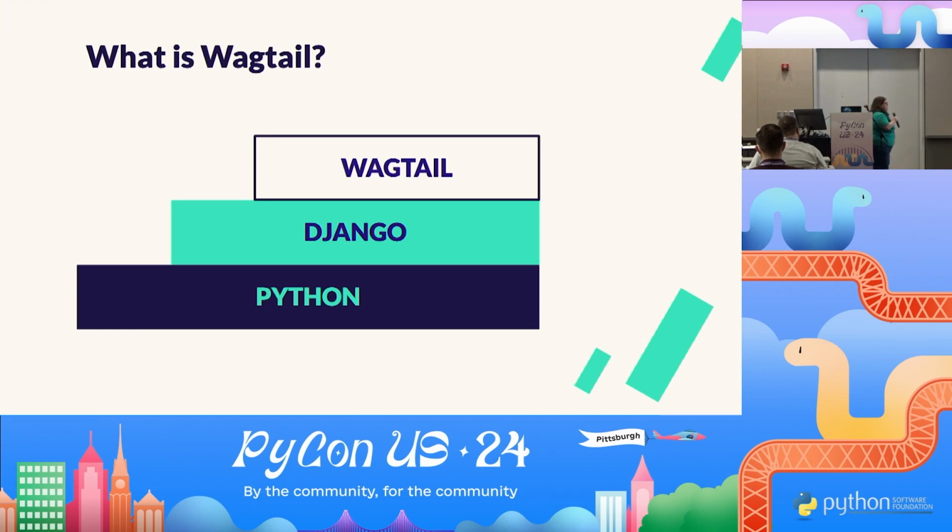All right, so what is Wagtail CMS? Any folks in here familiar with Django? Yes, okay, great. Pretty much, Wagtail is something that sits on top of Django, and Django sits on top of Python. Django is a web framework used to build a lot of really big and powerful websites.